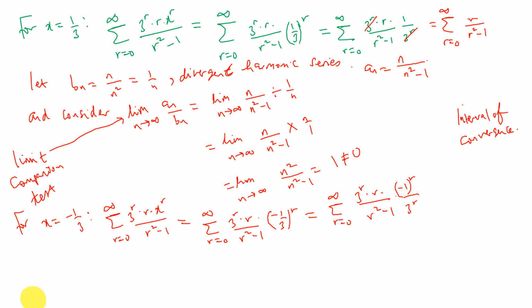Okay, from this, we're able to achieve that the 3 to the r cancels out. And so we have this series here. Okay, we're doing the interval of convergence part. Right, so we have r divided by r squared minus 1, and then you have minus 1 to the power r, like this.